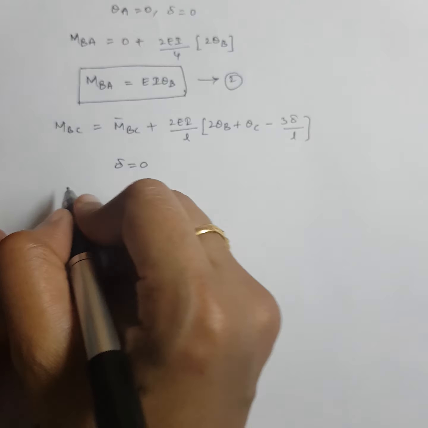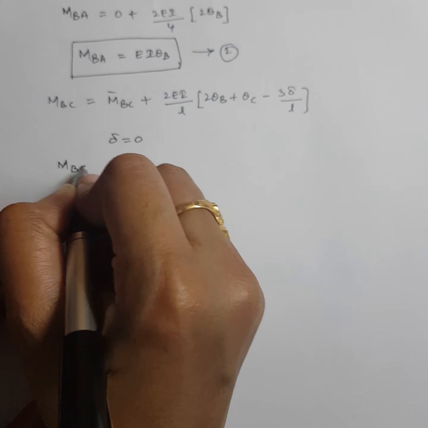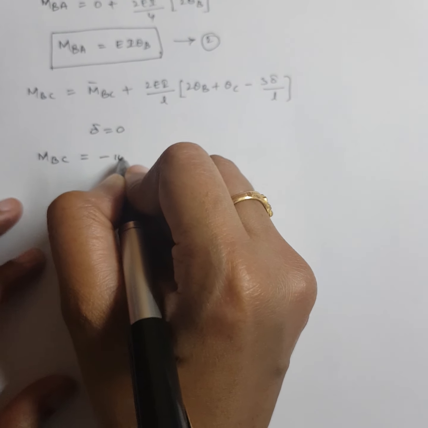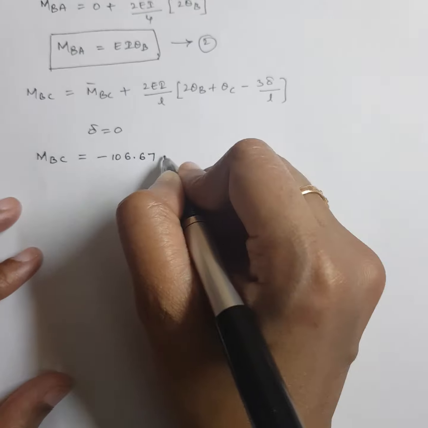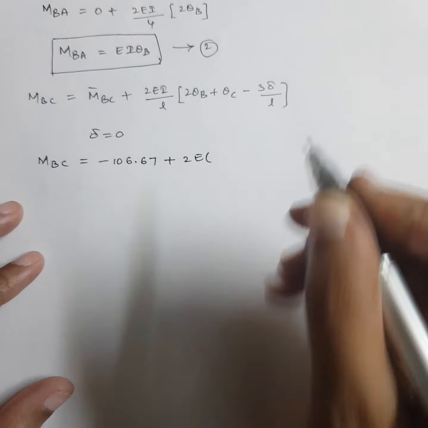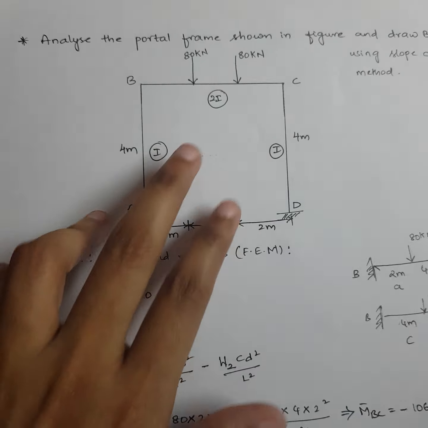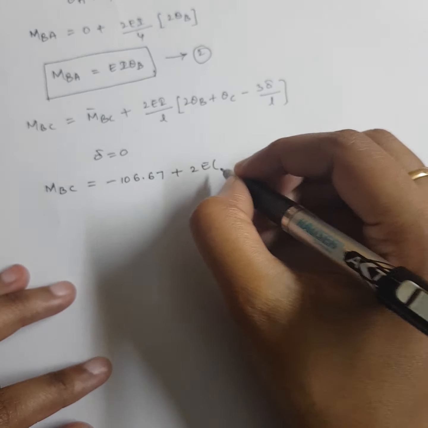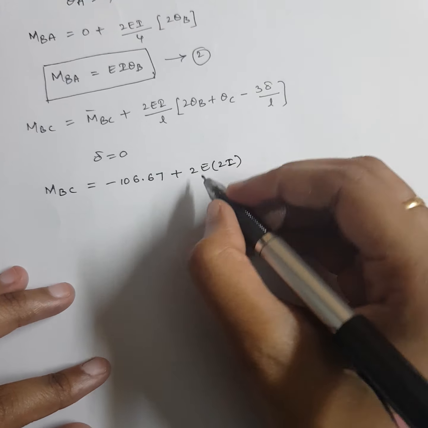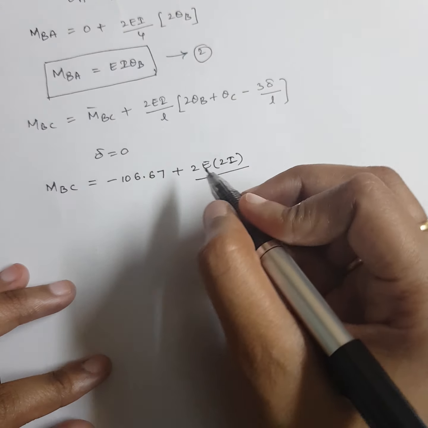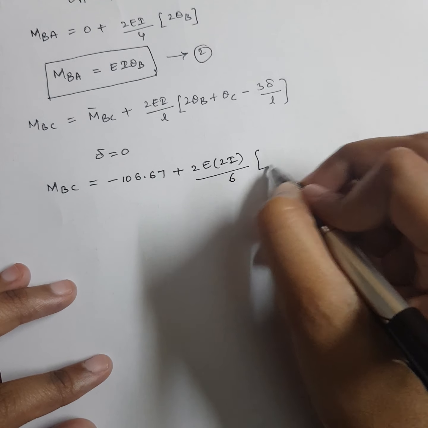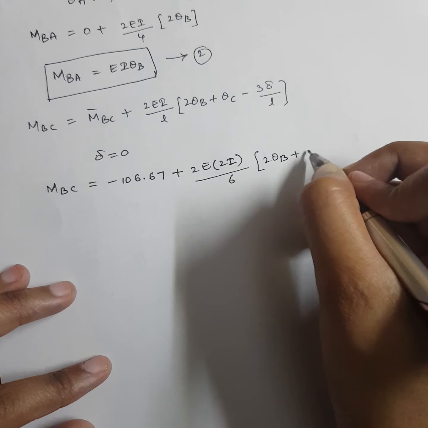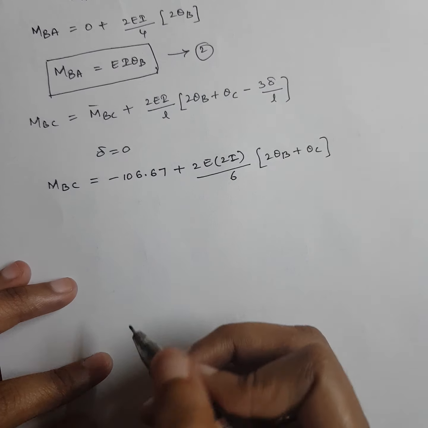So MBC is equal to, what was M bar BC? We got minus 106.67, plus 2E into, what is I of BC? 2 times I. So 2 into E into 2 times I by, what is the span of BC? 6, into 2 theta B plus theta C. Only delta is 0 here.